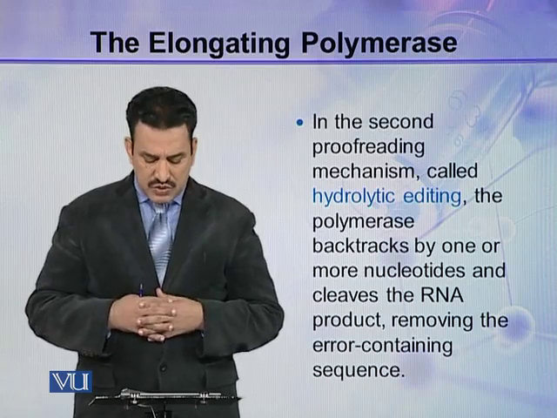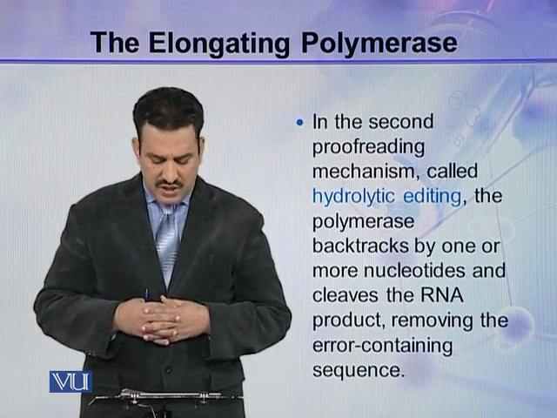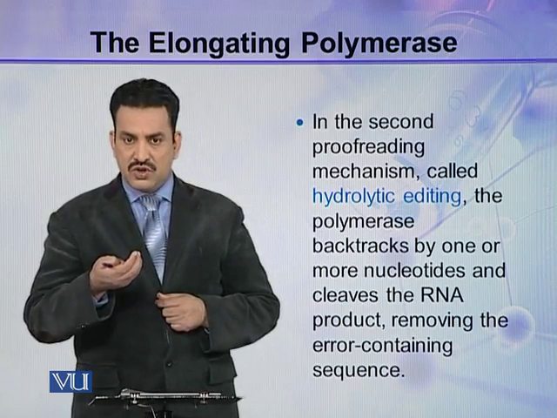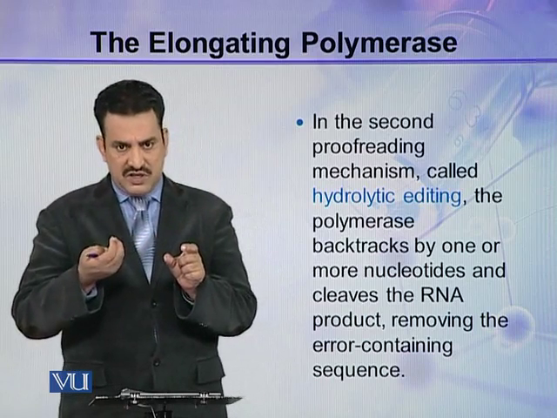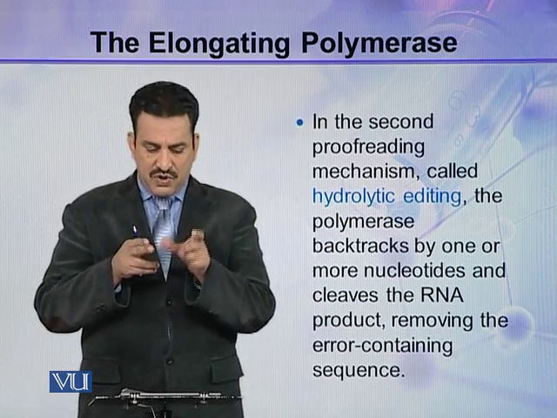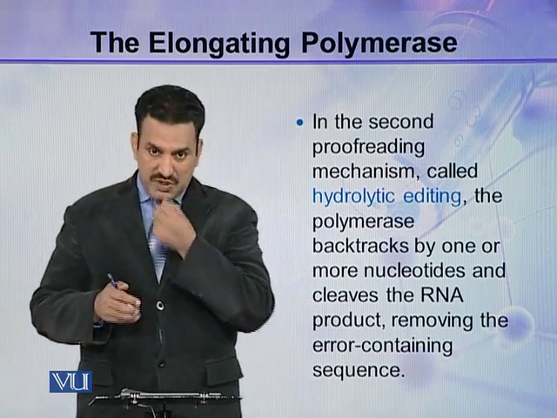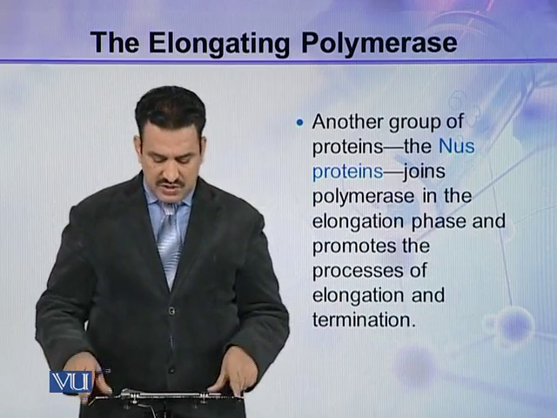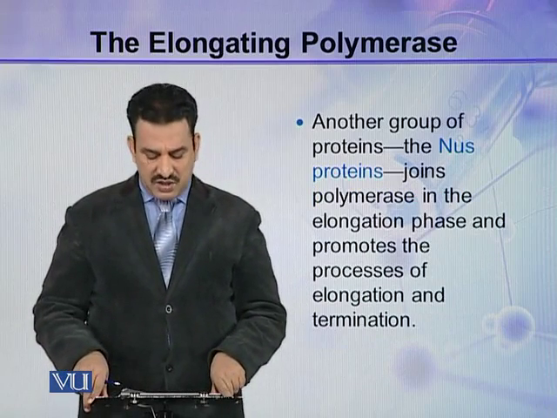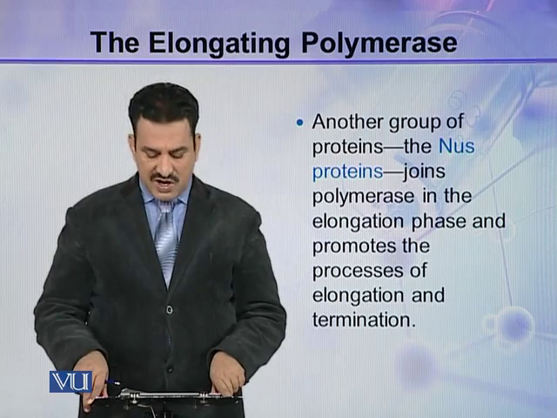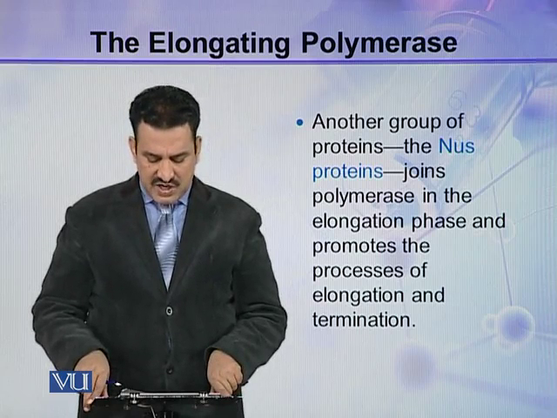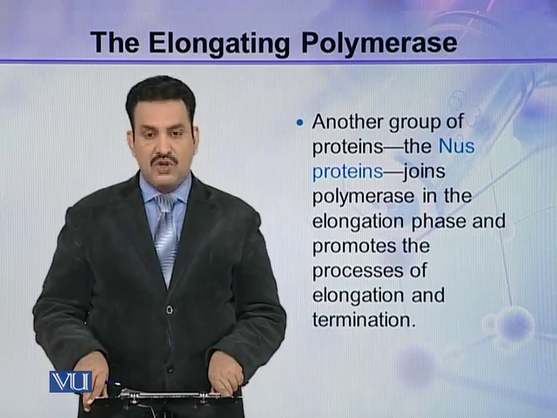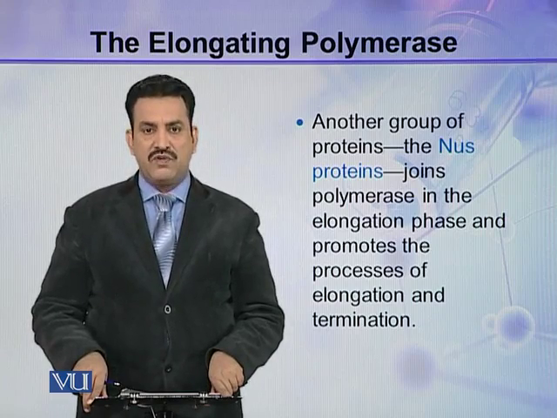So in this mechanism, the RNA polymerase backtracks not only for one base but for a few bases, and then it cuts that product and removes the misincorporated sequence. Another group of proteins, called the NUS proteins, join polymerase in the elongation phase and promote the process of elongation and termination of transcription.